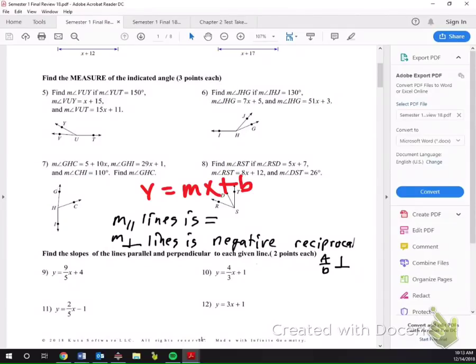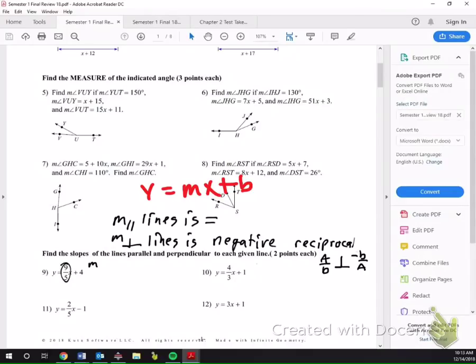Negative reciprocal means that if the slope of a line is a over b, then the slope of a line perpendicular to that is negative b over a. Flip it upside down, and then change the sign. If it's negative, we go positive. If it's positive, we go negative.